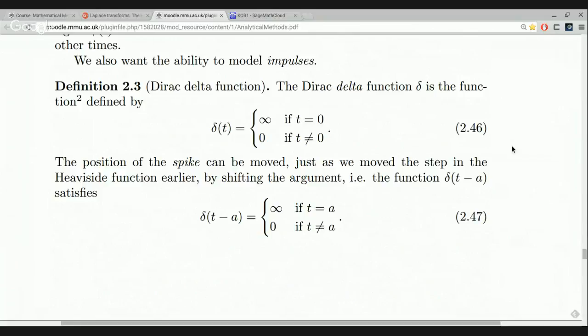And you maybe can draw a diagram of it. It's not really a graph of it, but you can represent it diagrammatically as a kind of graph of a function which is 0 everywhere, and there's just a single spike located at the point a, pointing upwards with an arrow indicating it's got infinite value, so to speak.